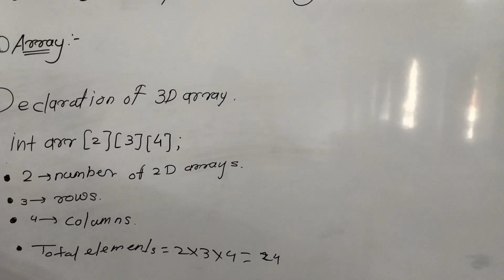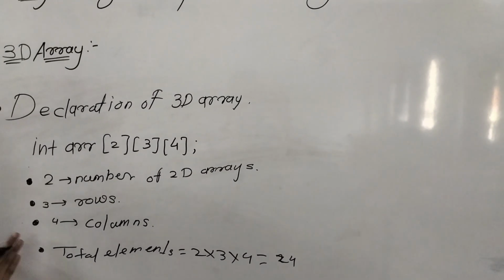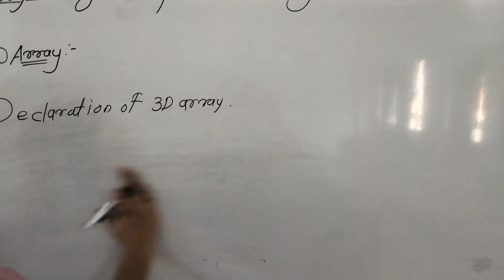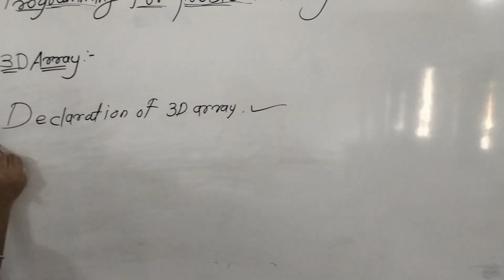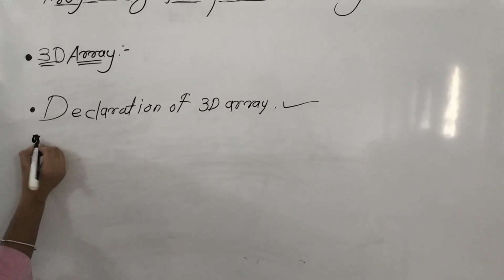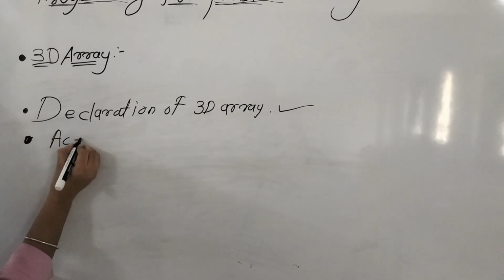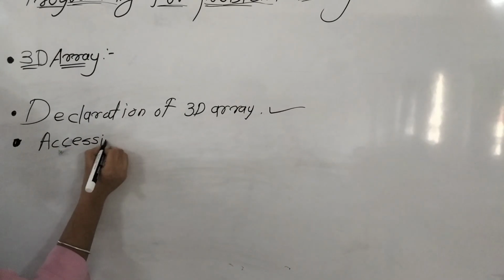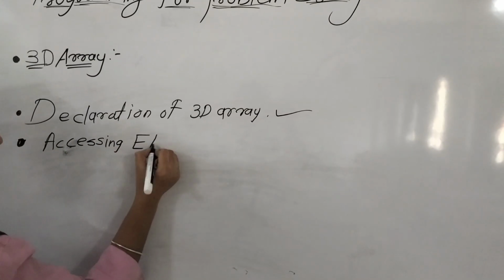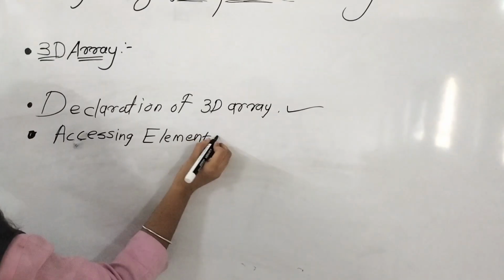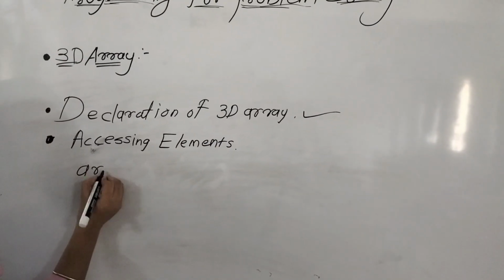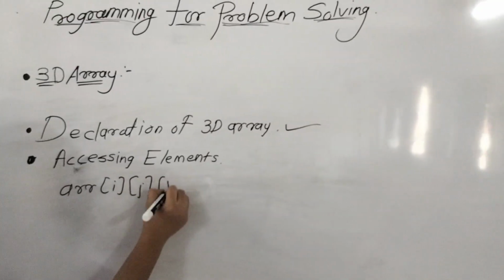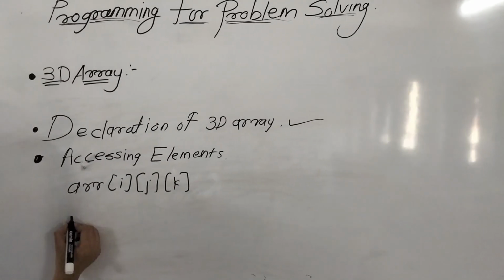So next we see accessing an element. What is accessing an element? We saw the declaration, so now we see accessing an element. So see how to access an element, array i, j, k.